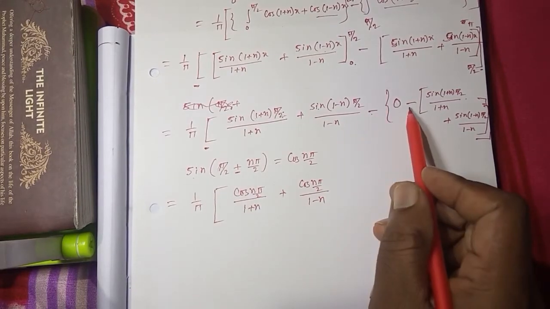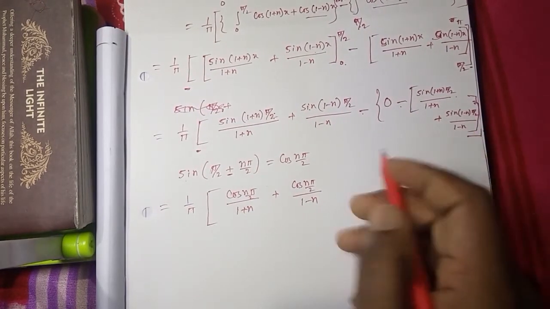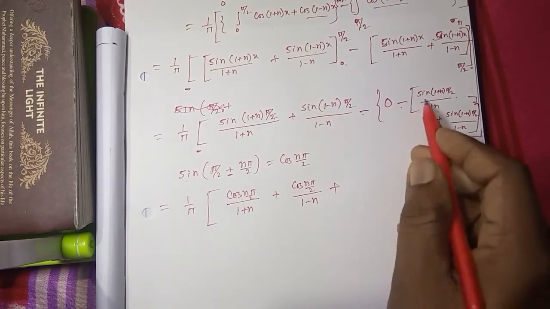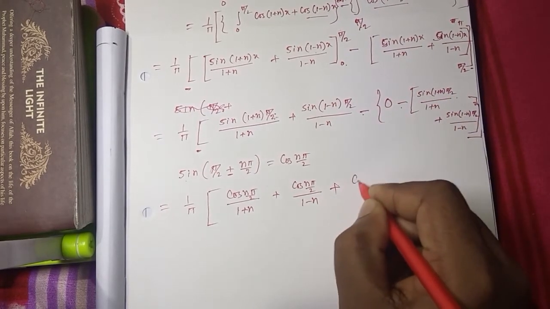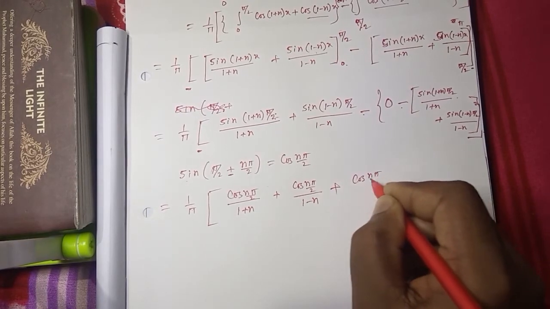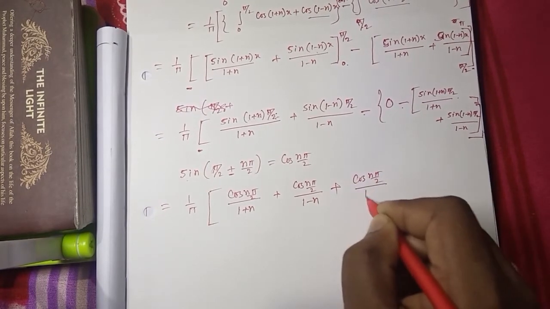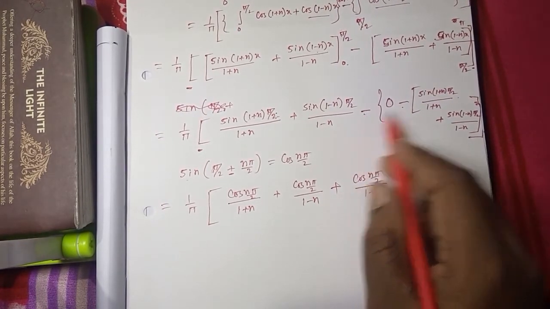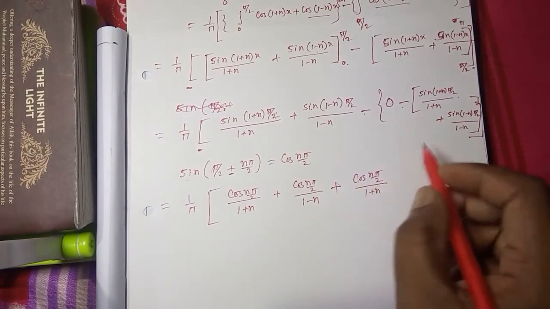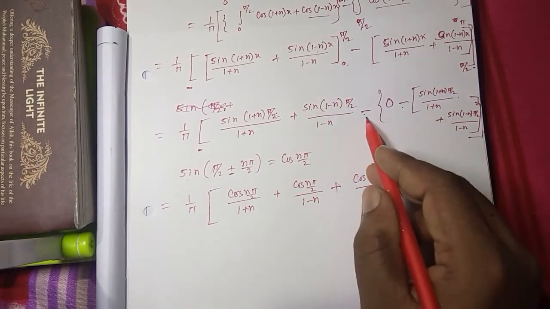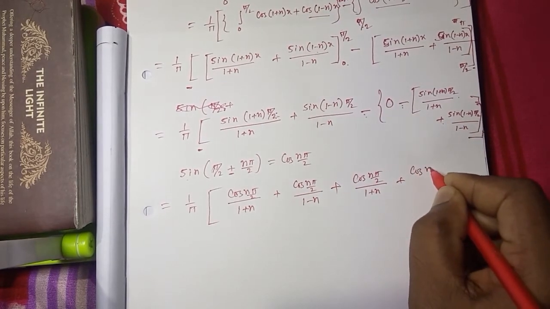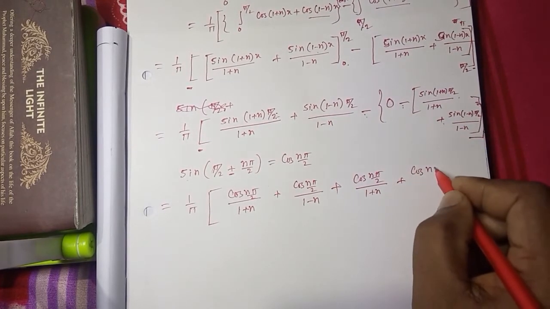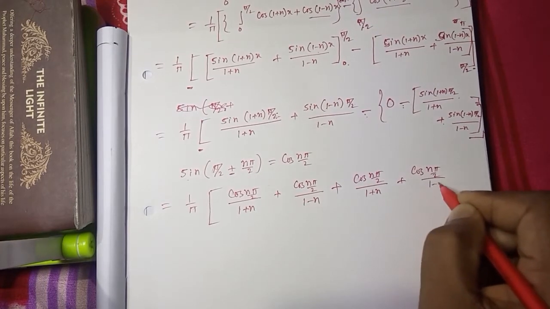This minus and this minus gives plus, sine of pi by 2 plus n pi by 2. This gives cos of n pi by 2 by (1 plus n), and this plus cos of n pi by 2 by (1 minus n).